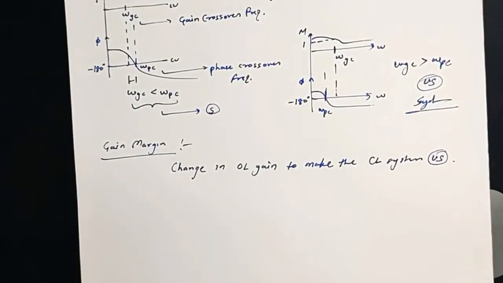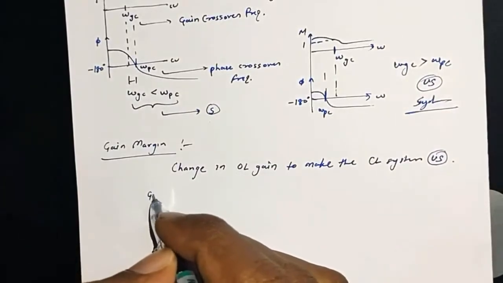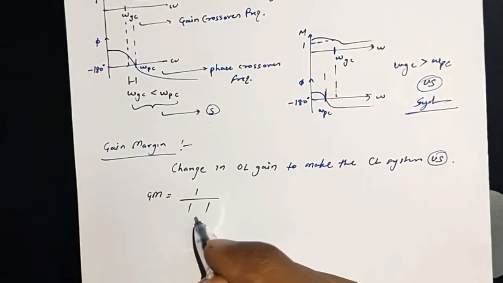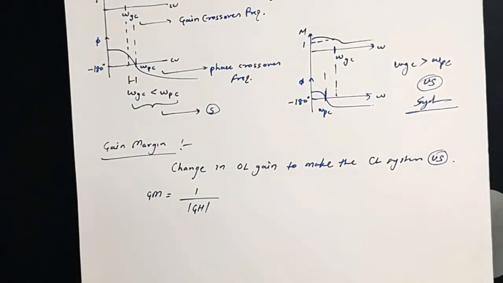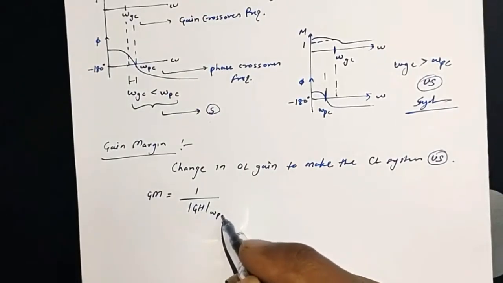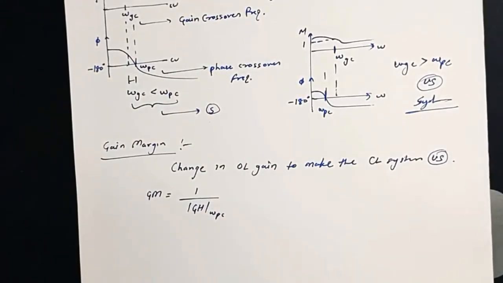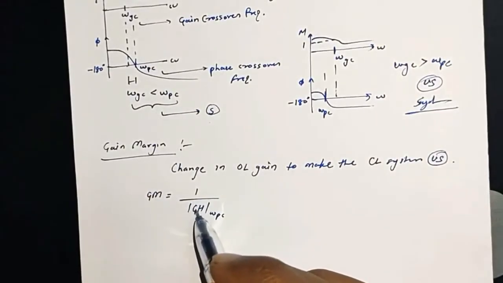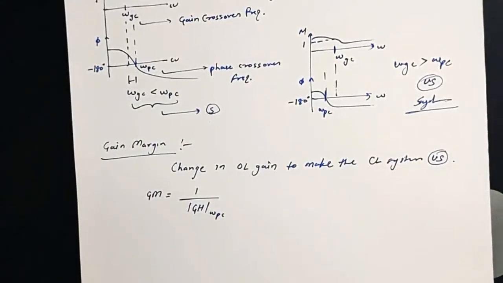Moving to the formula of the gain margin: gain margin is equal to the reciprocal of the magnitude of the system response at phase crossover frequency. So this is the reciprocal of the magnitude of the system's response at the phase crossover frequency.